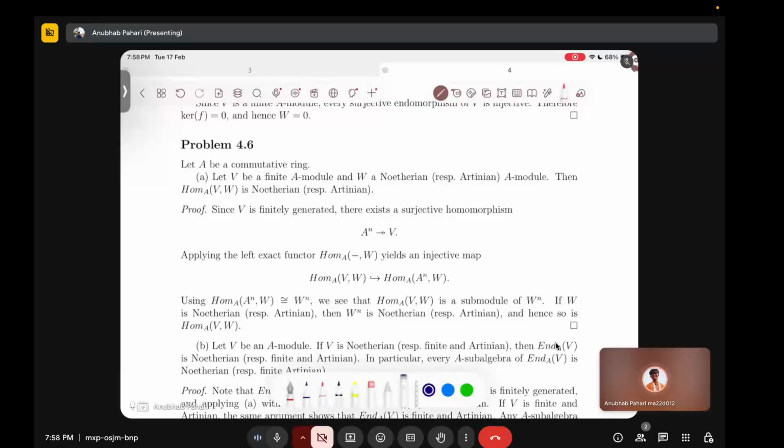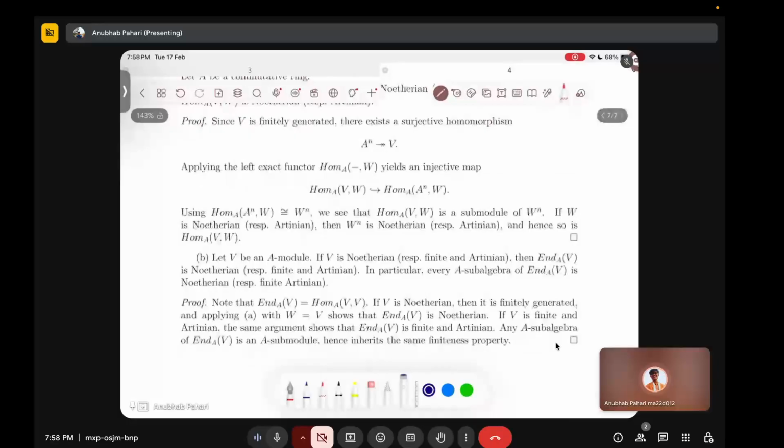Applying the left exact functor Hom(-, W) yields an injective map, because again this is from commutative algebra, and if you are not familiar, I suggest you go through those things, that Hom(-, W) is a left exact functor.